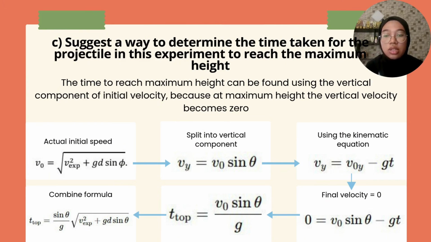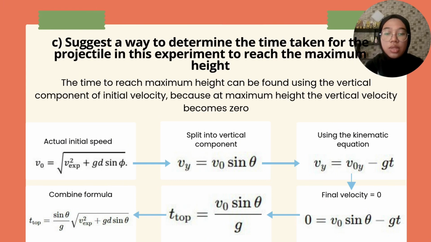Firstly, we can use the equation of the actual initial speed from this experiment, which is v naught equals the square root of v squared experiment plus g d sin theta, where v naught is the initial velocity, v experiment is the velocity for this experiment, g is the gravitational acceleration, d is the distance between two sensors, and theta is the launch angle.